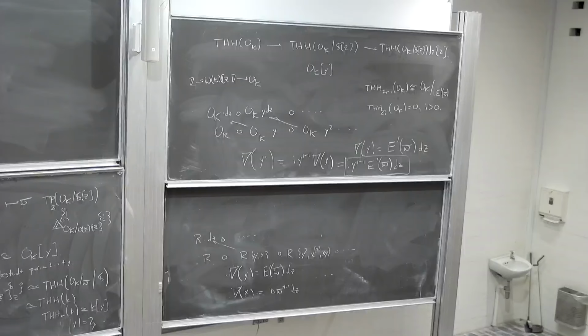Right. Yes. Yeah. Right. I mean, yes, I agree. Up to the observation is that we could instead work with sort of THH of O_K adjoin z. There's sort of this version of the sphere where pi 0 is the Witt vectors, but it's flat over the sphere, and adjoin z.